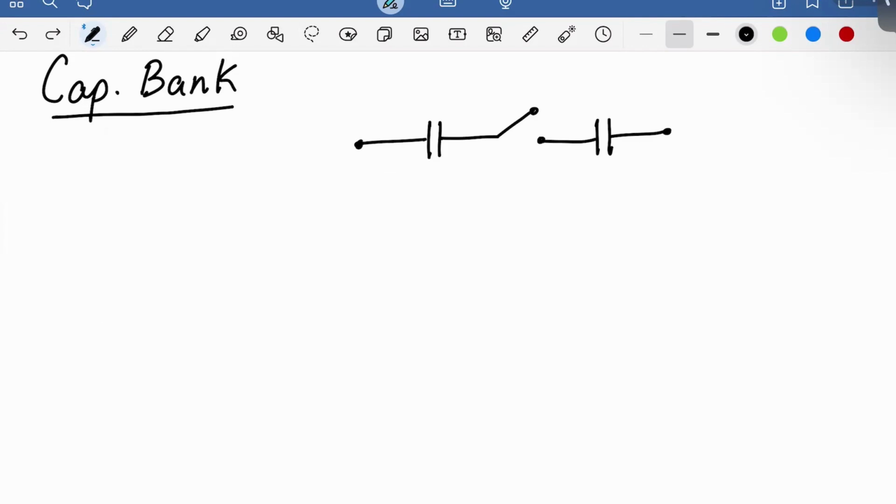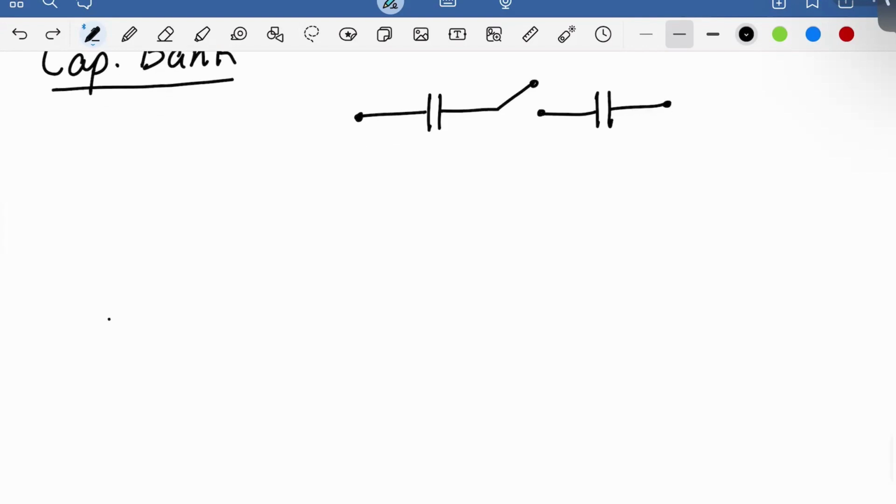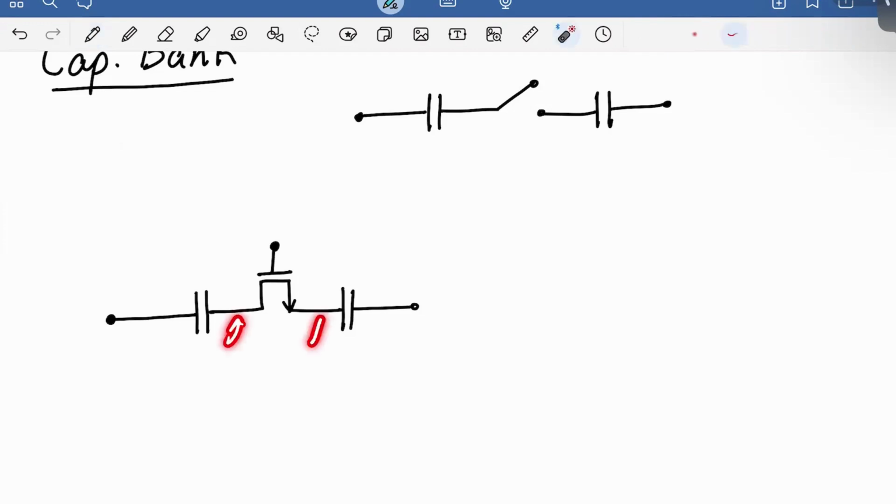So let me actually draw it a little bit below. Okay, so we have your transistor there, and those are your capacitors. These two capacitors can be MIM caps, for example. Okay, so the problem is that if you implement it directly like this, this node and this node don't have a well-defined voltage, right?